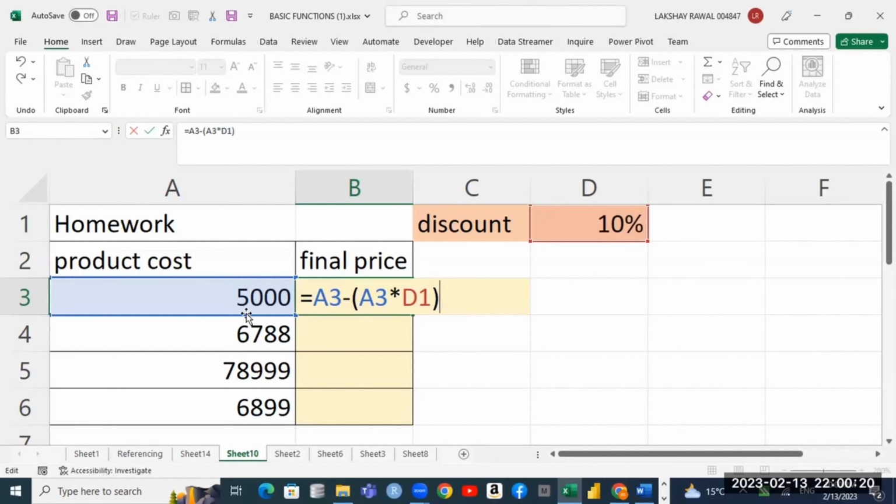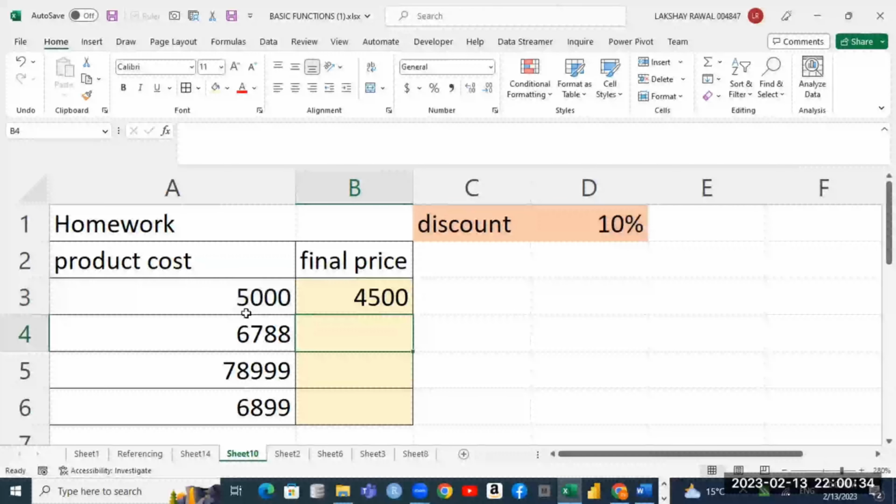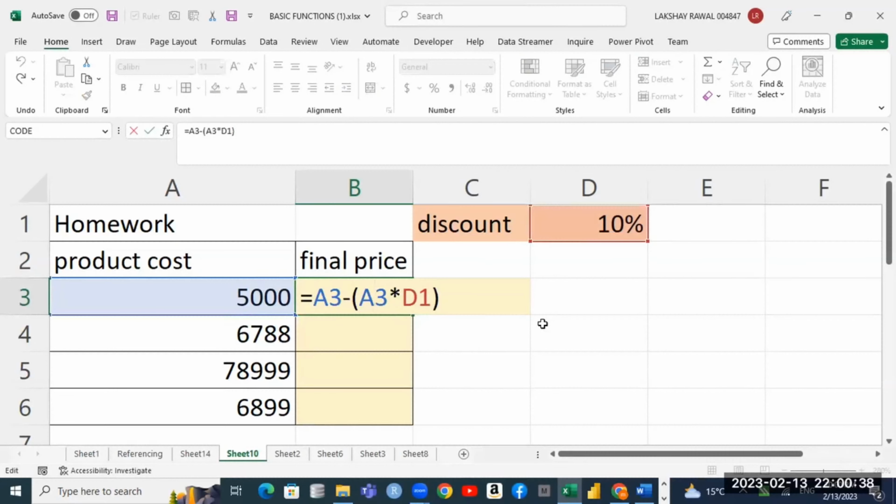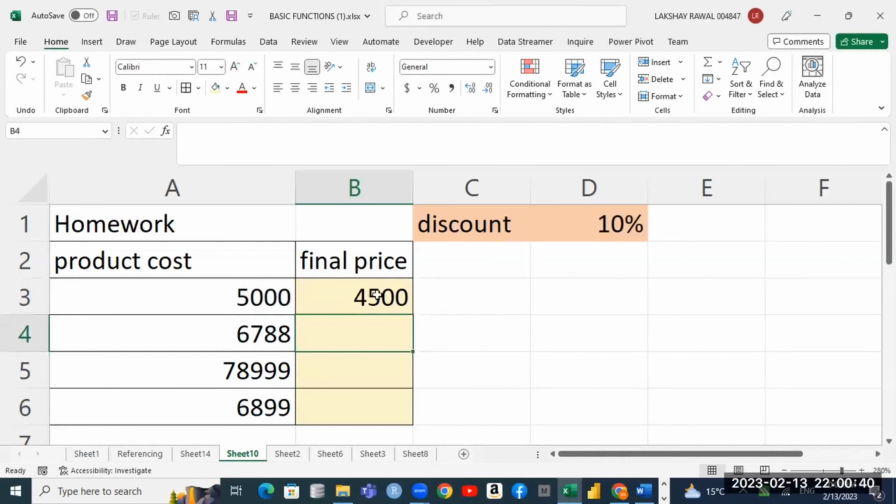Less price. So after the discount, what price will you pay to the shopkeeper? 4,500, because 500 is the discount.